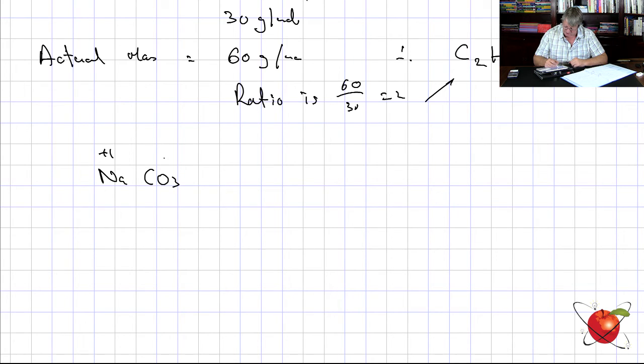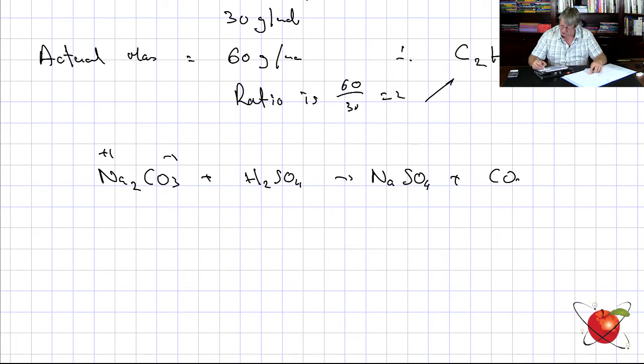This is a +1, this is a -2, so we need 2 of those, and that reacts with H2SO4. What have we got? Acid and a carbonate. What are we going to get? We are going to get a salt, sodium sulfate, plus CO2 plus H2O, correct?